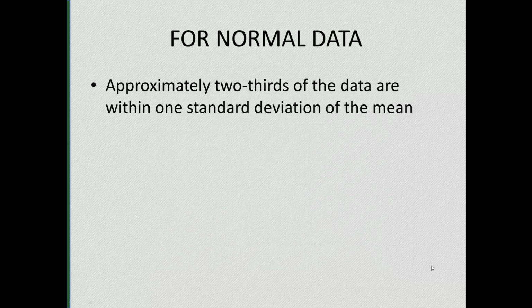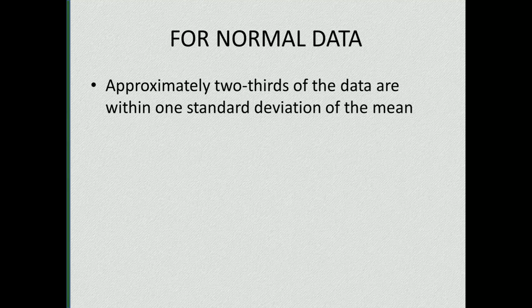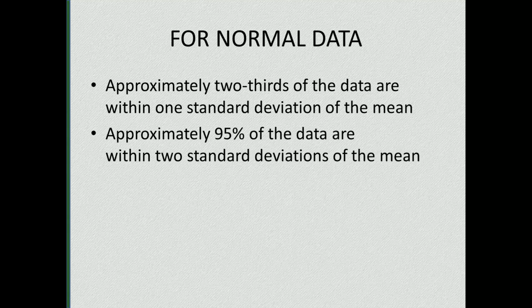For a normal distribution, approximately 2/3 of the data will lie within one standard deviation of the mean. Again, this is why we compute a standard deviation the way we do, because of this close relationship with the normal distribution. Start in the middle, go out a standard deviation, you've got about 2/3 of the data. Go out 2 standard deviations, you've got about 95% of the data.